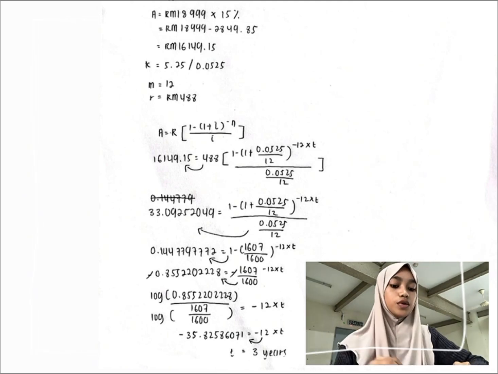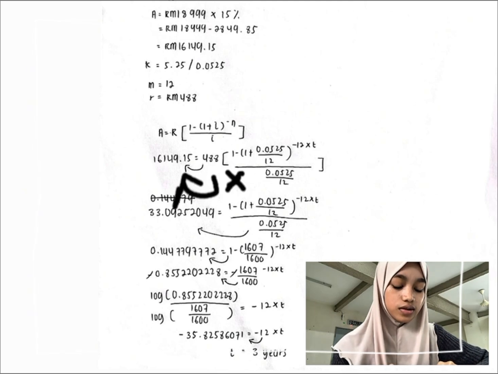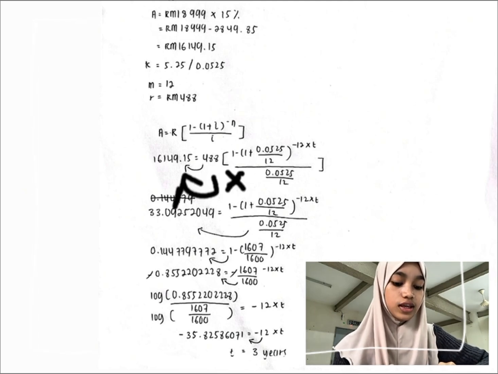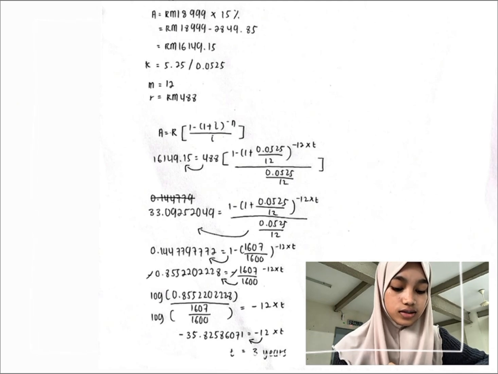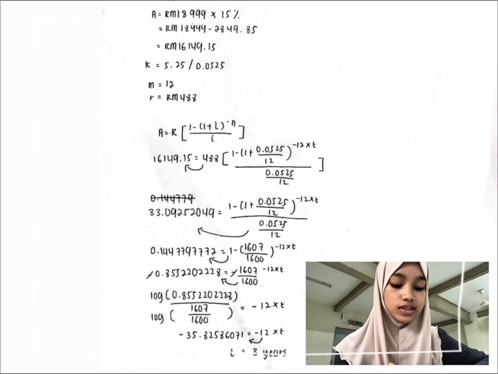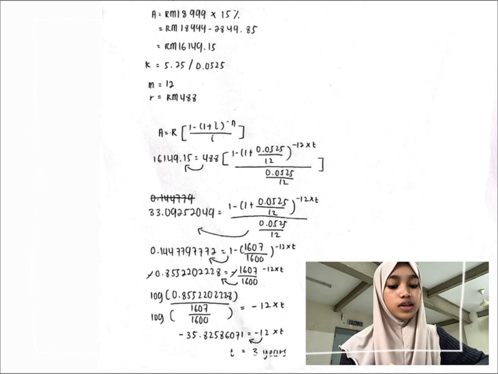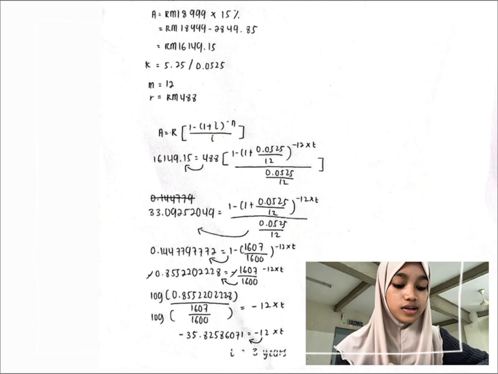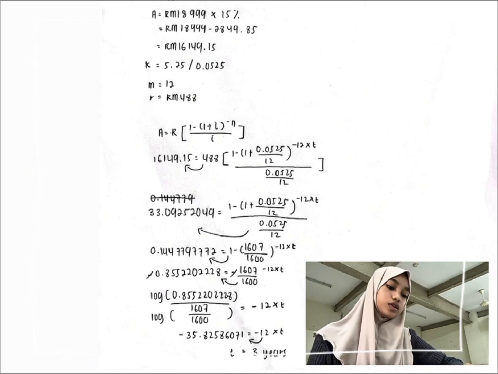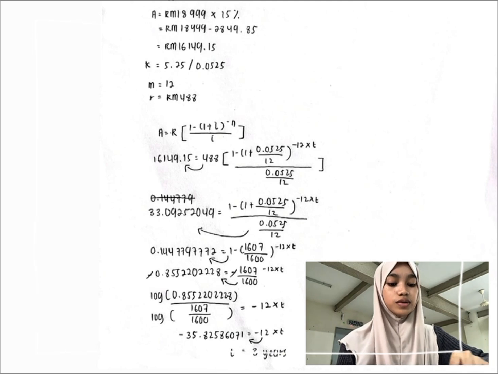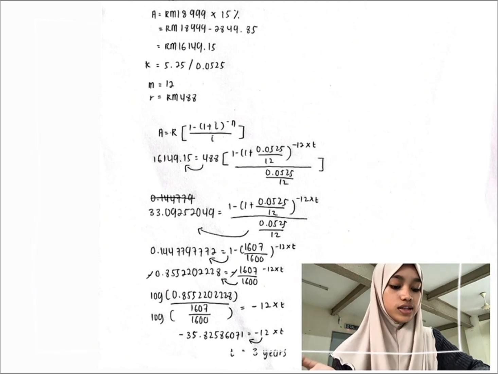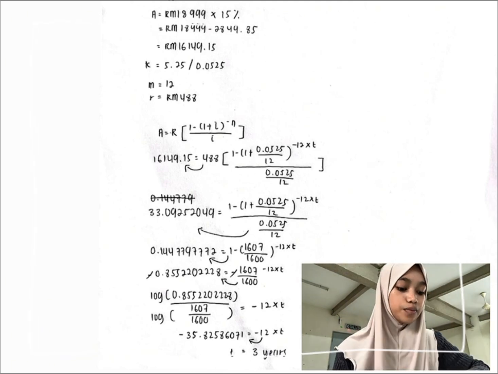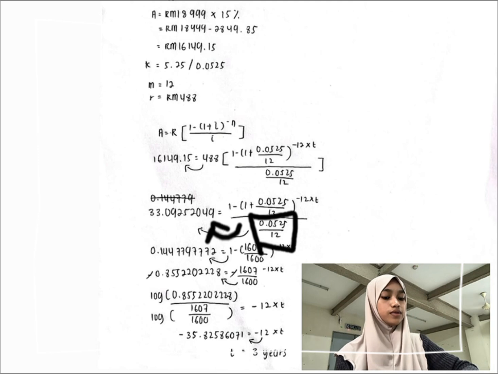So first you must bring 488 to the other side, and 60,149.50 times 0.0525 per 12 per 488. Okay, then after we get the answer, we put the 0.0525 per 12 to the other side.